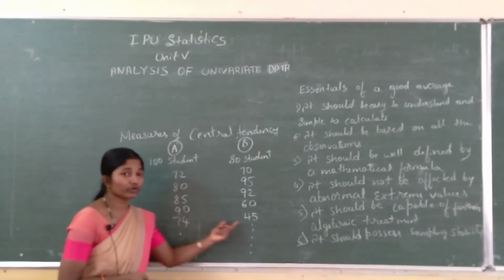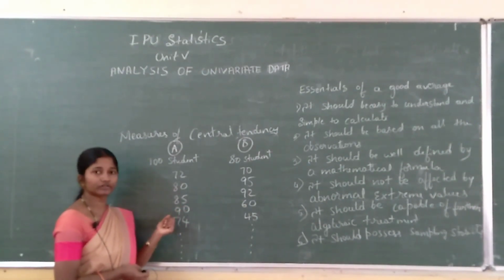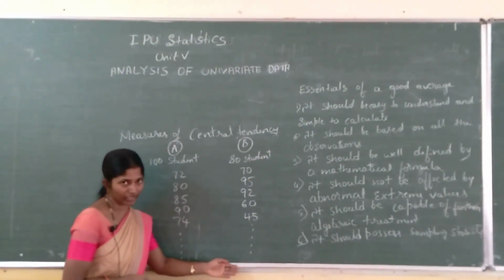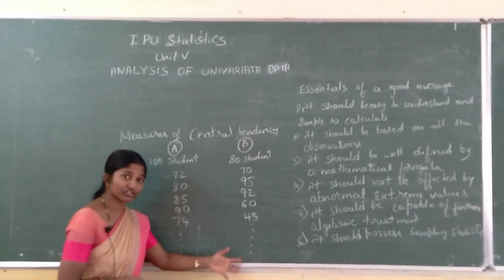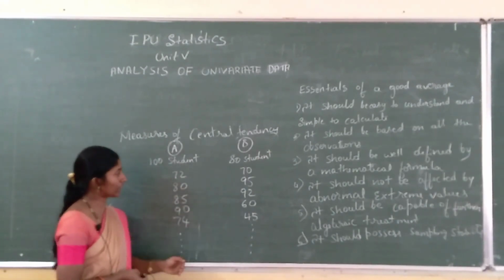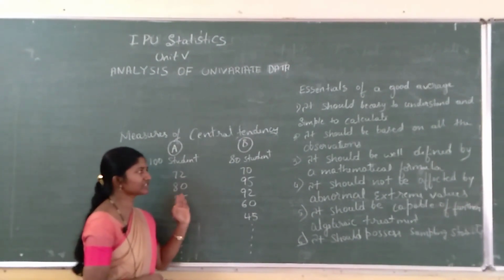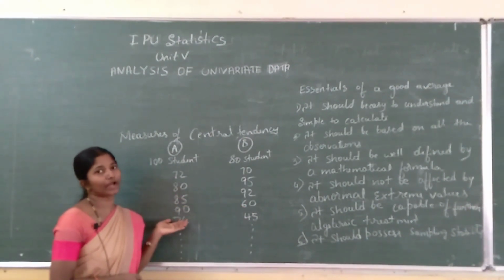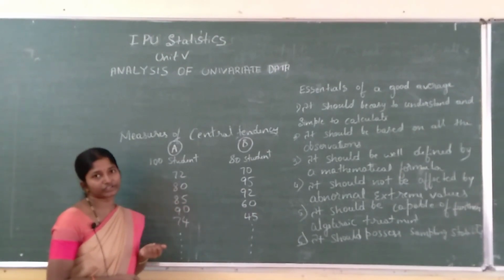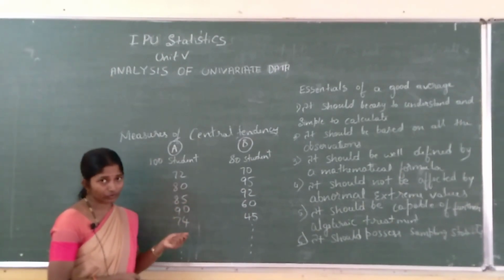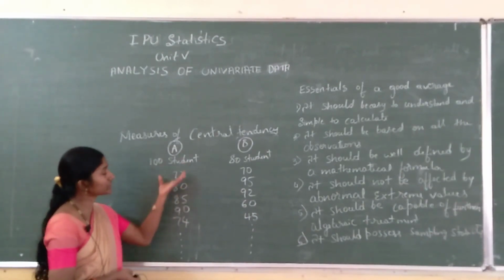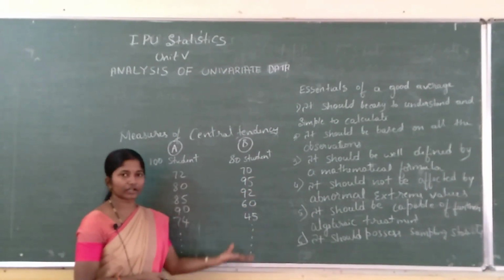Now, can you tell which one is better? I have not given other values. There are 80 values here and 100 values there. By seeing these values, you cannot compare them. Which one is better? So what do you have to do? You have to find a single value here and a single value there.